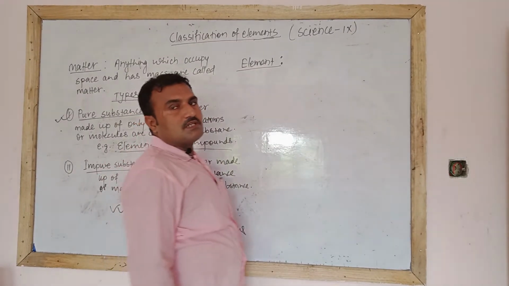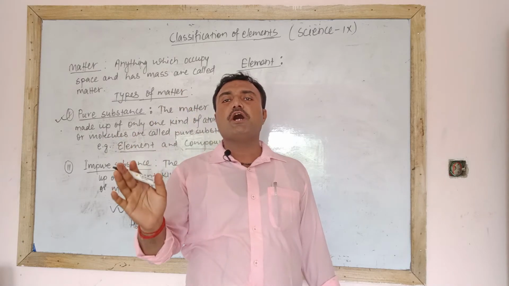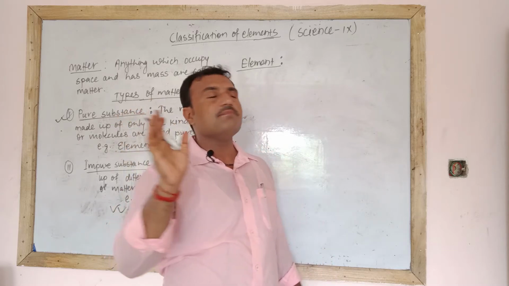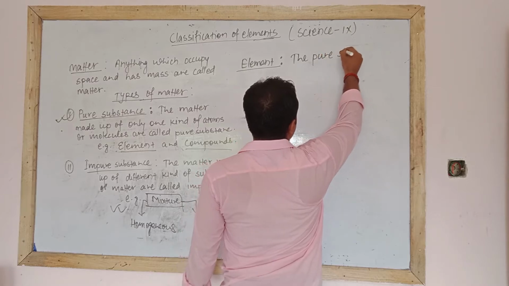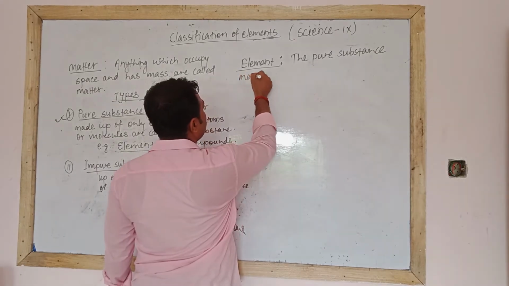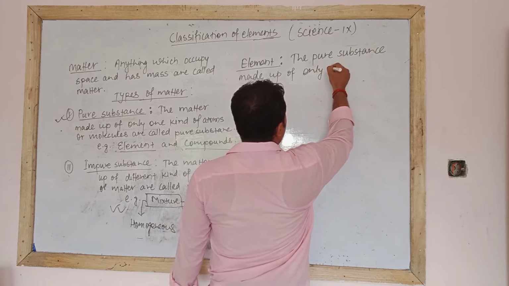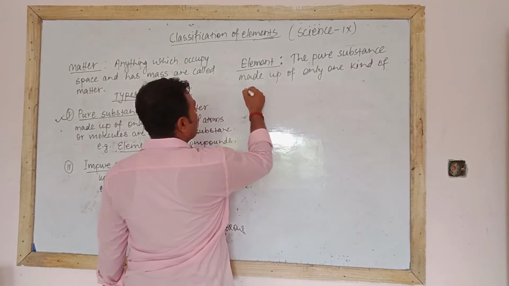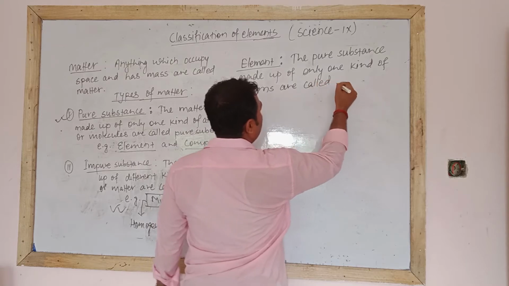In our surrounding, there are various kinds of matter. If it is made up of the same kind of atoms, then it is called an element. Here we write: pure substance made up of only one kind of atoms is called element.